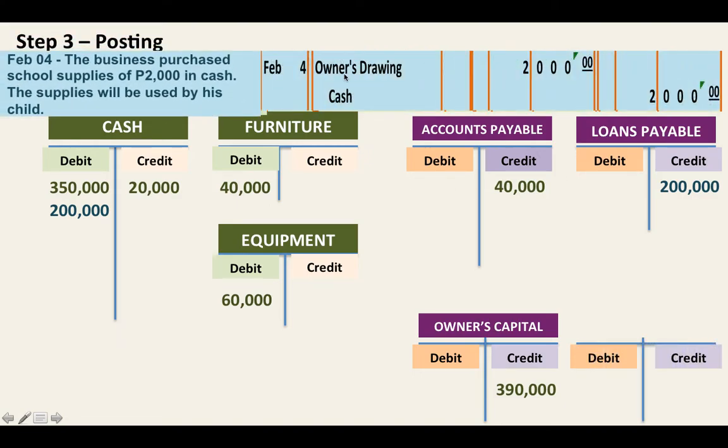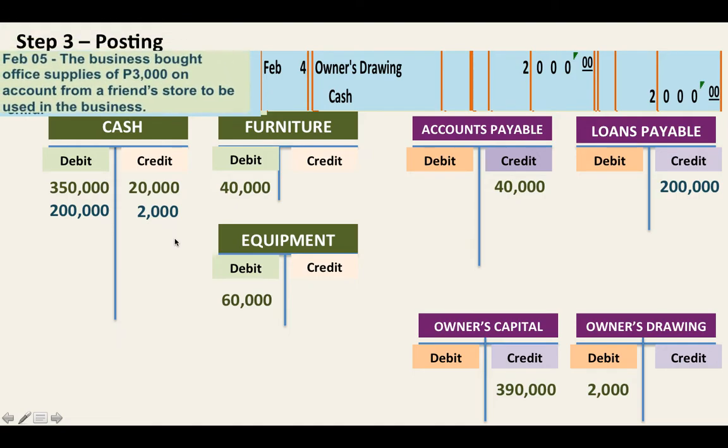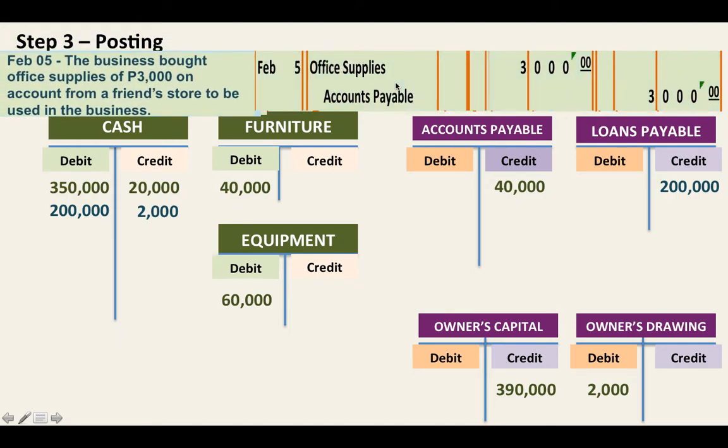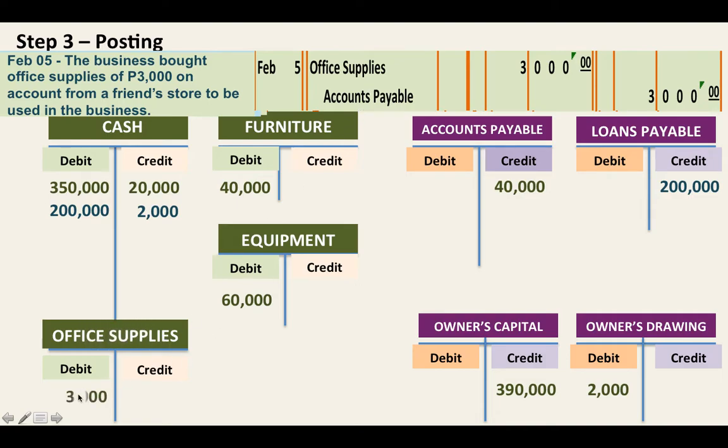So there is here owner's drawing of 2,000, debit, so it's here, and cash credit of 2,000, it should be here. Okay, February 5, that's the financial transaction, and the entry is debit office supplies. So we have to open the office supplies account and post the 3,000 there, and then accounts payable 3,000.